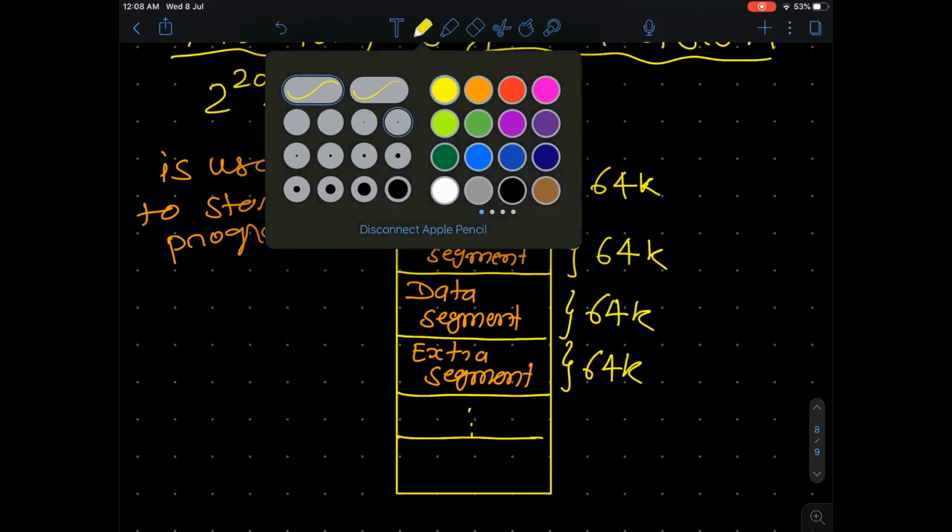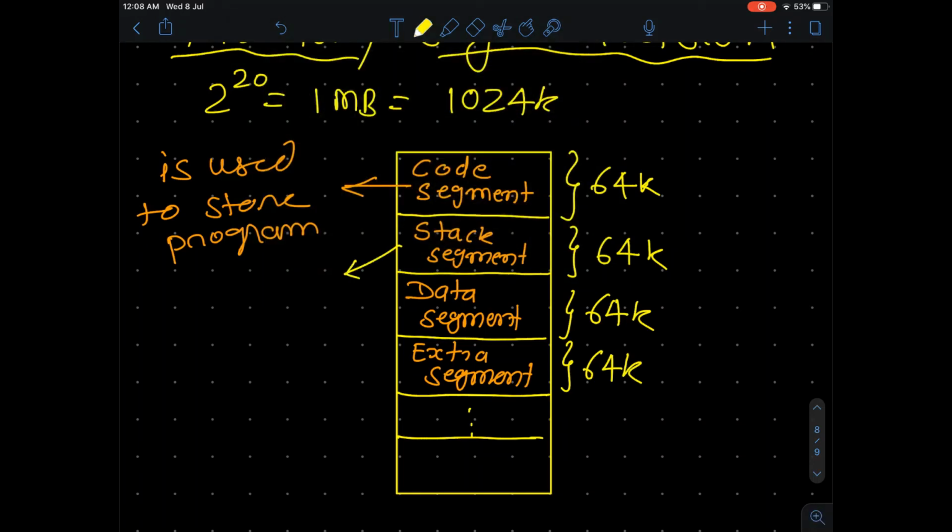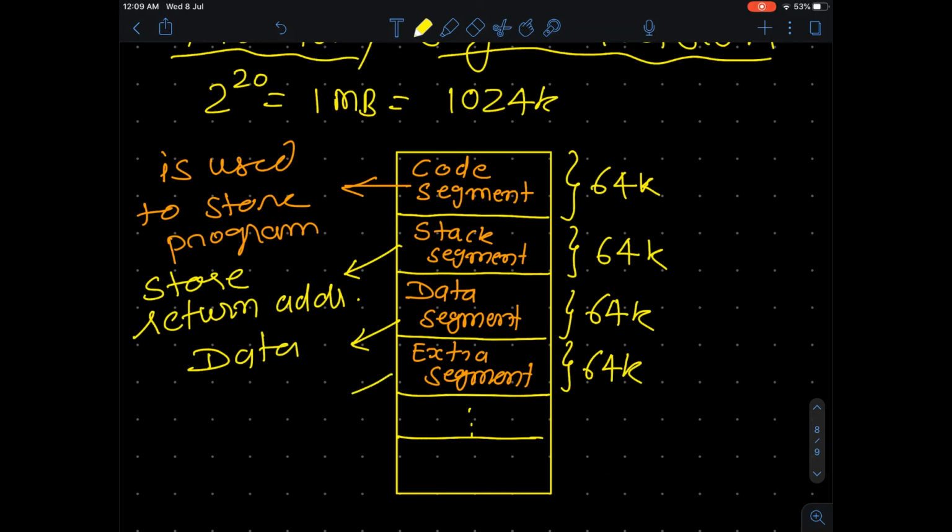Then the stack segment is used to store intermediate results or return addresses. The data segment is used to store the data, and the extra segment is also used to store data. What is the special use of this extra segment? We'll discuss it later on.